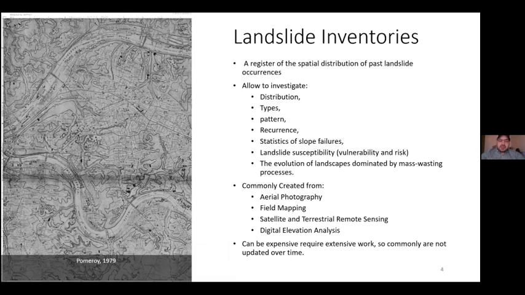So not only are we not having a ton of publicly available inventories out there for researchers to use, they're also not commonly updated over time. Sometimes we're dealing with much older inventories, such as my example I'm showing over here in Allegheny County, which is the Pomeroy inventory from the 70s and 80s that hasn't been updated. So if circumstances or climate are changing, we're not going to be capturing those changes that are occurring in our factors.